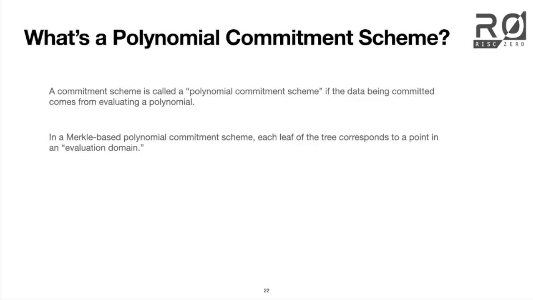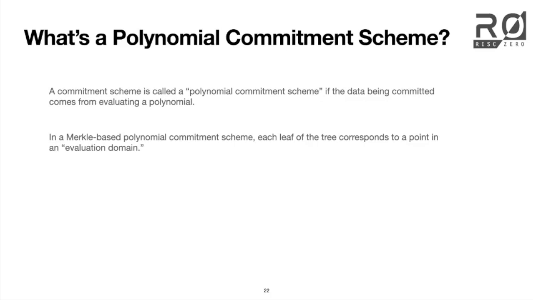evaluations of a polynomial. So in the example I gave in the class, like the kids guessing a number thing, I was just writing down a single number. But if I was actually thinking of a polynomial, and the thing that I wrote down was the polynomial evaluated at each point of my domain that I was interested in, then I'm now looking at a polynomial commitment scheme instead.